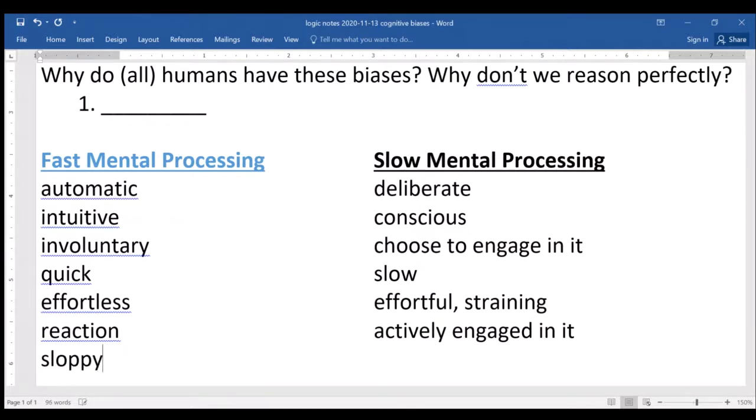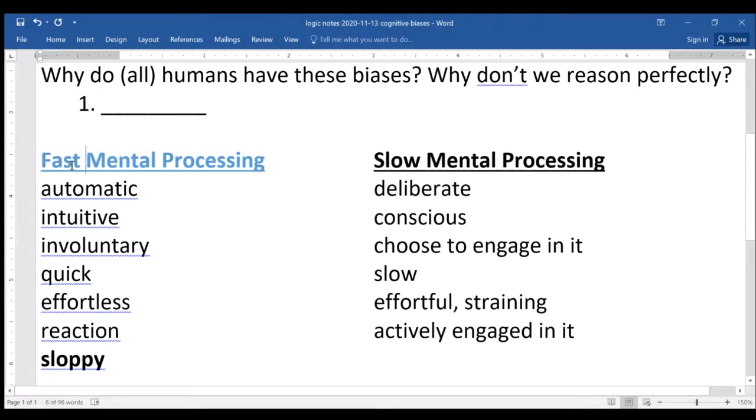Sometimes what we do with our fast mental processing is not come up with the most accurate answer. We come up with an answer that's good enough or approximate or not exactly right, but somewhat in the ballpark. There's a sort of sloppiness to fast mental processing.